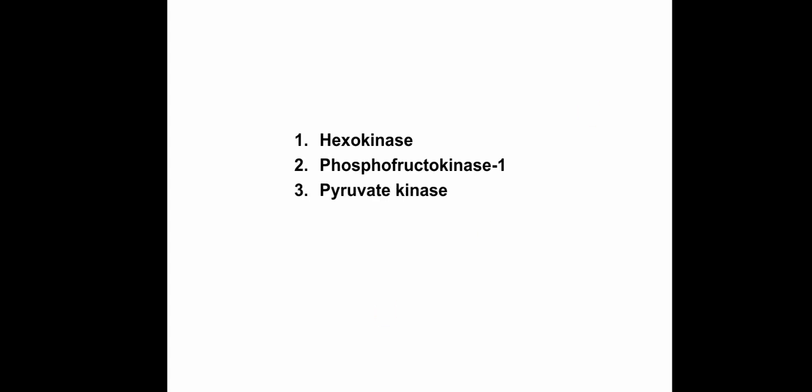The fourth enzyme is not directly related to the glycolysis going on in body tissues, but it is related to the glycolysis going on in the muscles. That means this is involved with muscle glycolysis, which starts from the muscle glycogen.